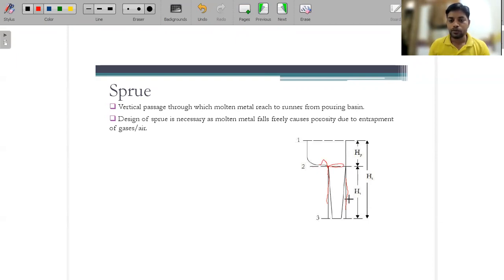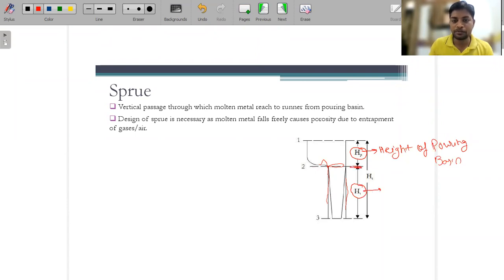Now here we are considering two things. First is the height of the pouring basin that I'm considering, that is HP, with P in the subscript. So this is the height of the pouring basin, and this is the height HS, that is the height of the sprue.